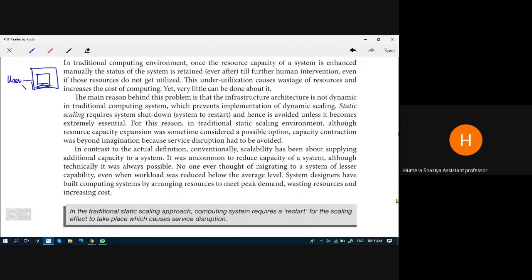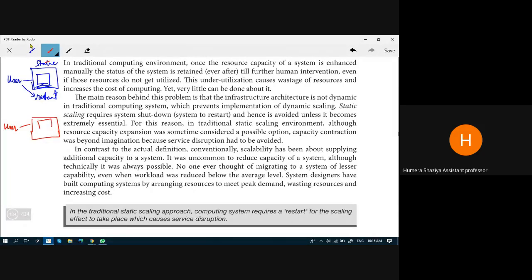The user cannot add or delete during execution in this static mode. Because it cannot be done during execution, what a user is supposed to do is shut down and restart the system if the system has to be scaled in this mode.